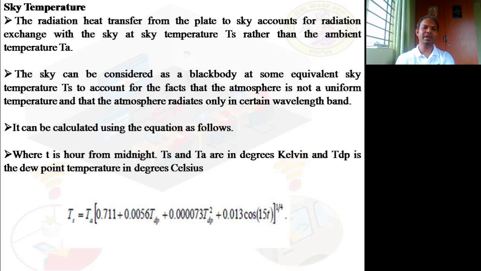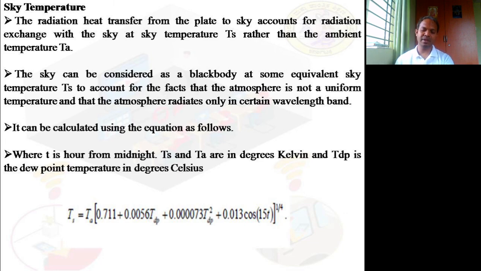Basically, the dew point temperature is the temperature to which air must be cooled before dew or frost begins to form. Therefore, knowing the dew point gives an idea of how moist or how dry the air is. If it is dry, we will come to know. If it is moist, we will also come to know.